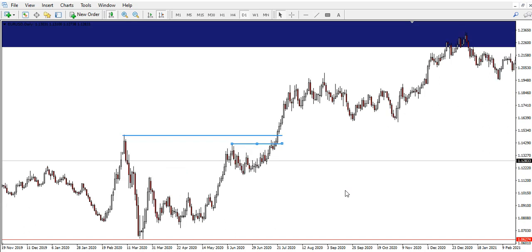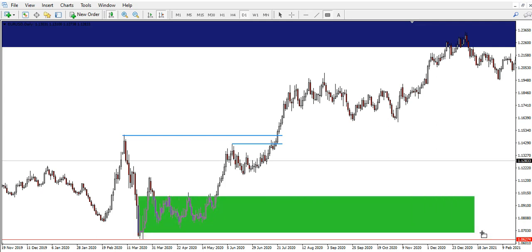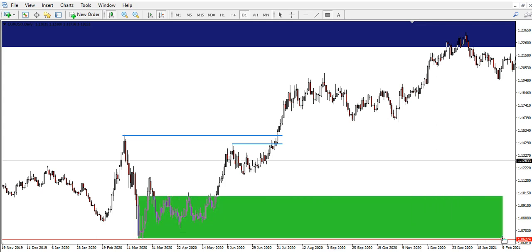It's here. So I always say price is likely to respect the OB in the microstructure, then after that respect an OB in the macro structure. So this is the macro structure, and our OB is our last bearish candle, which is this one here.